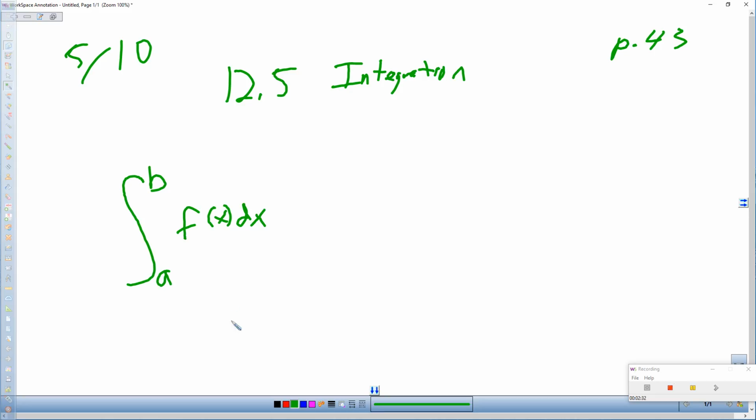When you're looking at the graph, we're going from some point A to some point B over here, and our goal is finding the area under this curve. It doesn't touch the axis, but it's the area within this range, from A to B. A tells us our starting point, B tells us where we're ending, and f of x is the graph of this function right here, or the equation of the function.